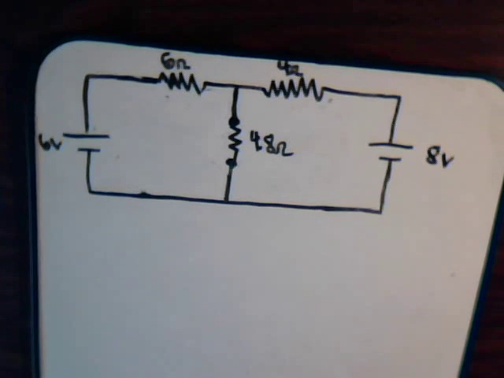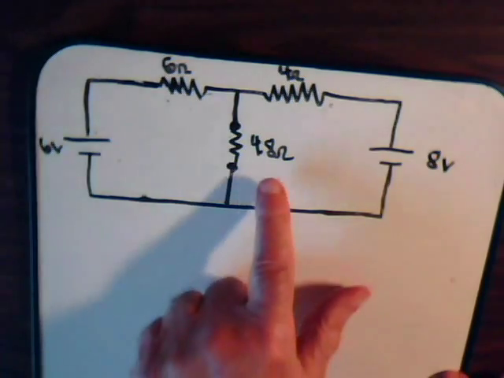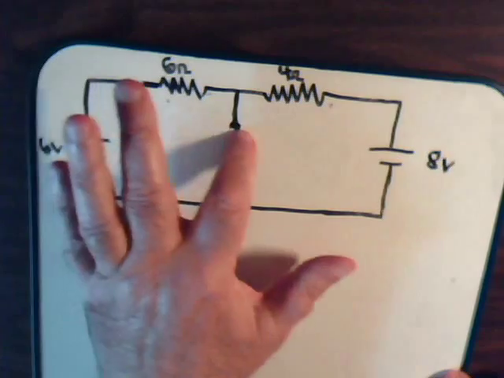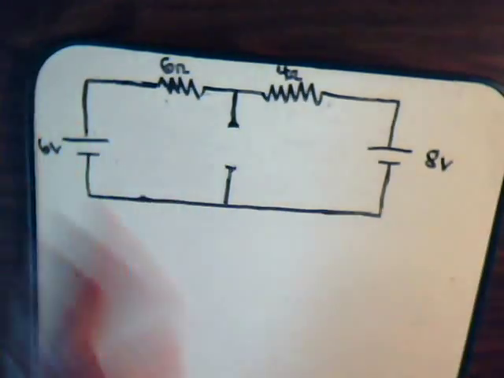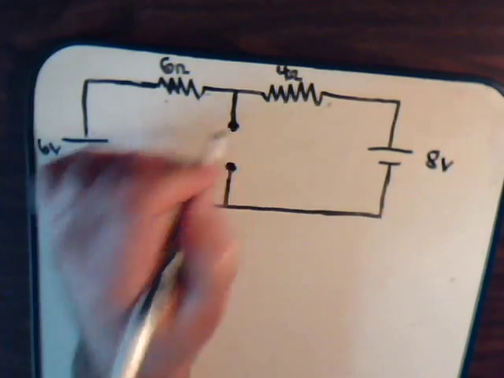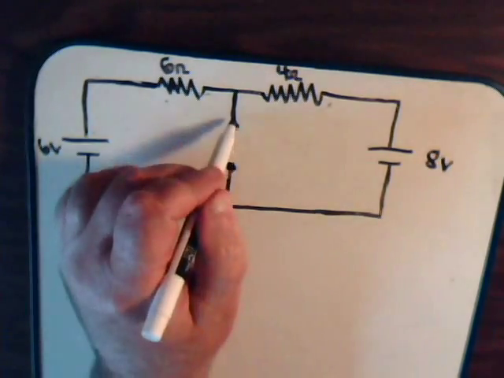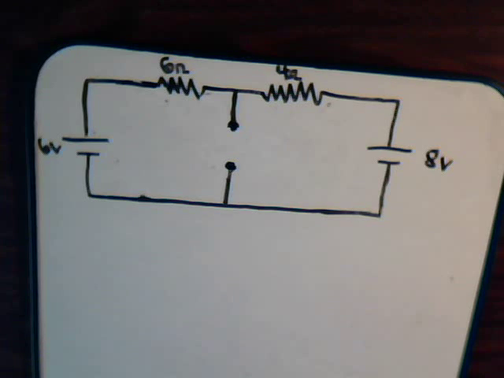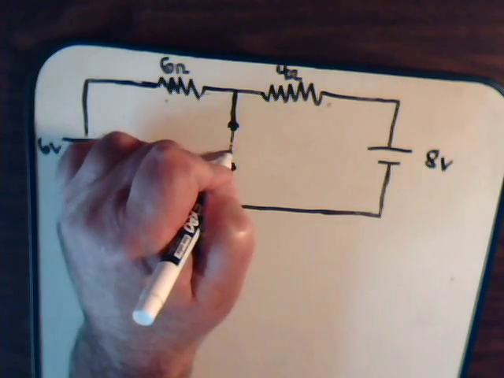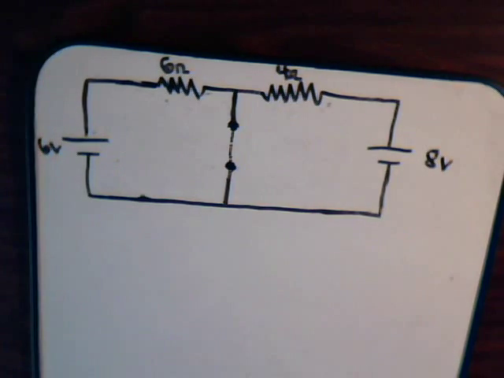And again, what we do is, this is the resistor of interest. Temporarily remove it, and we ask ourselves, if we hooked up an ammeter across these two terminals, what reading would we get?